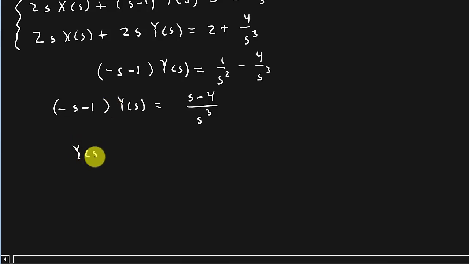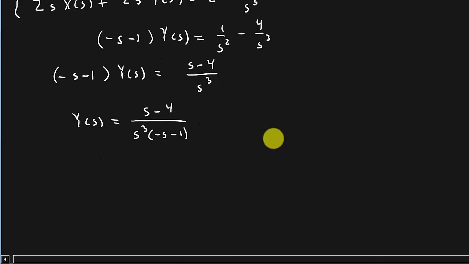So ys is equal to s minus 4 over s cubed times negative s minus 1. And so I get ys is equal to 4 minus s over s cubed times s plus 1. All I did is factor out a negative and distribute it to the numerator.